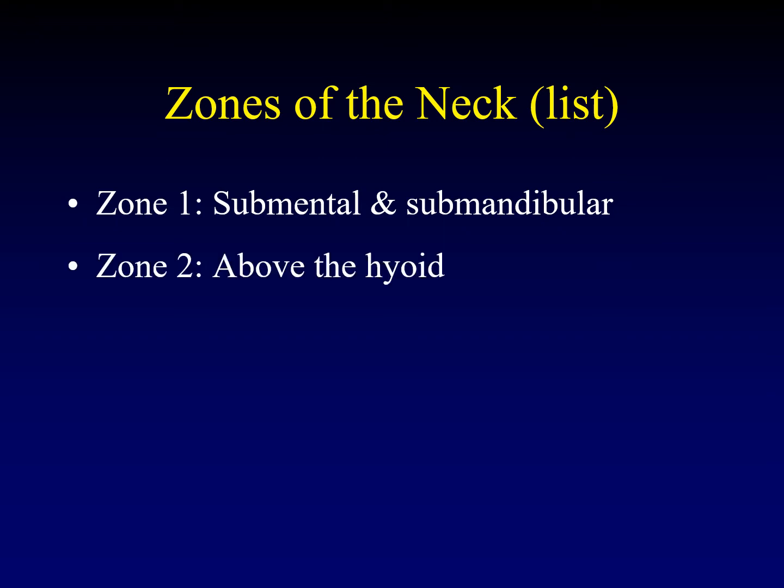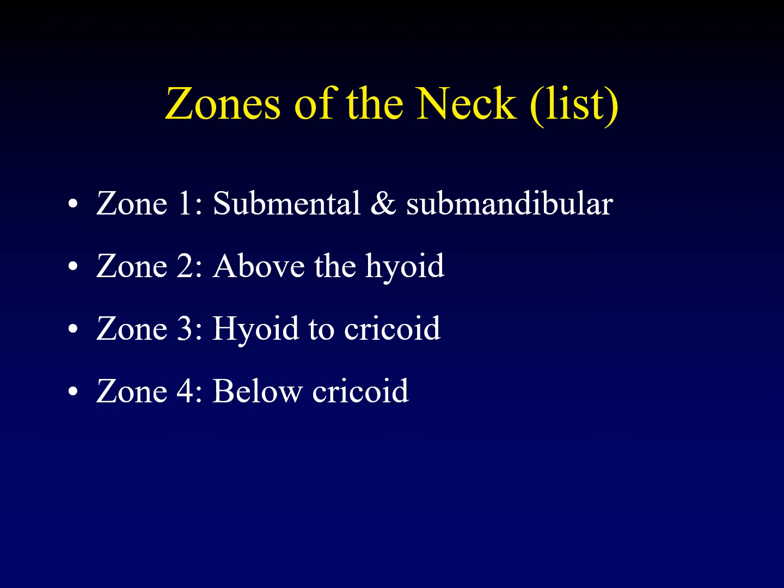Zone 2 are those nodes that are above the level of the hyoid bone, but are not in the posterior triangle of the neck. Above the level of the hyoid, that's level 2. Level 3 runs from the hyoid bone to the bottom of the cricoid cartilage. If you think about it, that kind of corresponds to the larynx, right? Hyoid bone to bottom of cricoid, that's level 3.